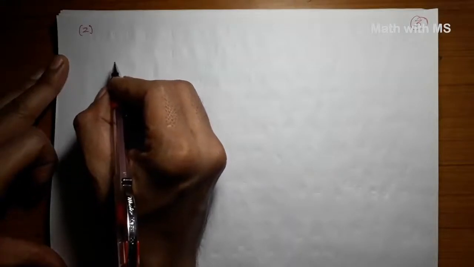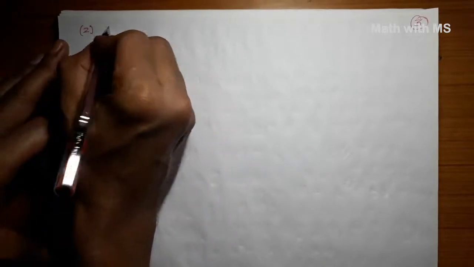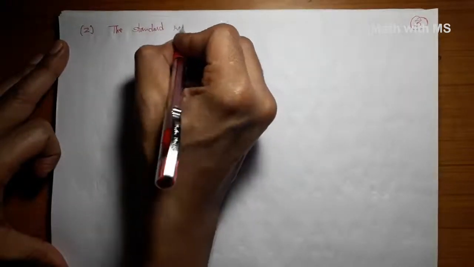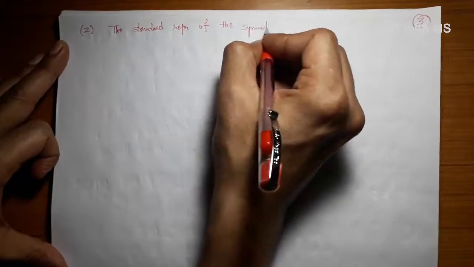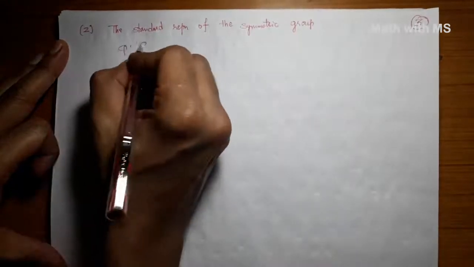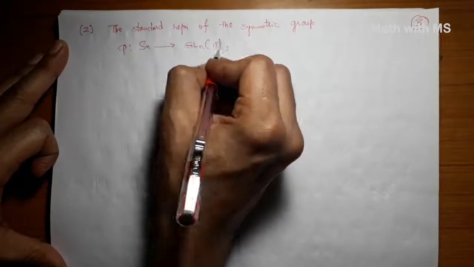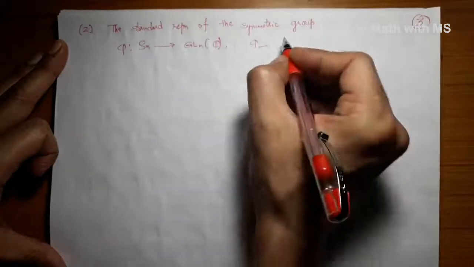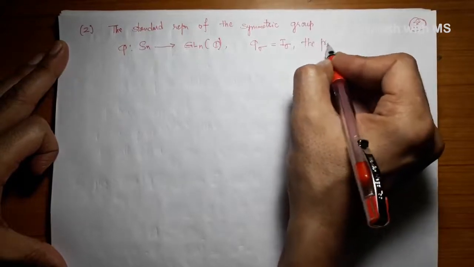Let us see one more example of a unitary representation, the standard representation of the symmetric group S_n to GL_n(C). Recall how we defined it: you take a permutation sigma in S_n, and phi of sigma is just the permutation matrix.